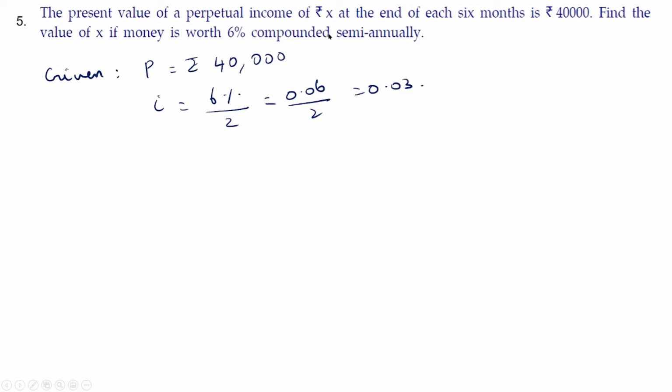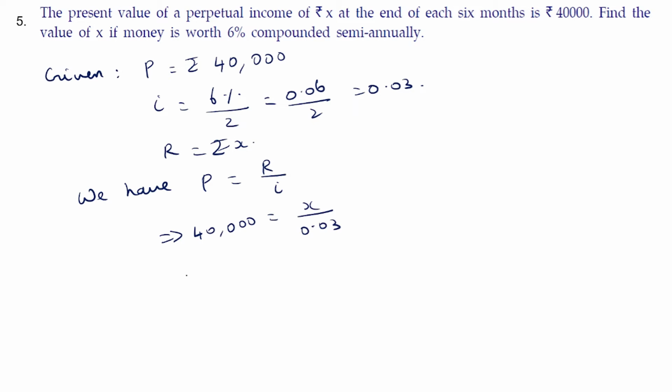And now we have to find the size of each payment. That is, we have to find the amount of income. R is equal to rupees X. We have P is equal to R by I. Here the income is received at the end of 6 months. So we have P as R upon I. P is given as 40,000, R is X and I is 0.03.